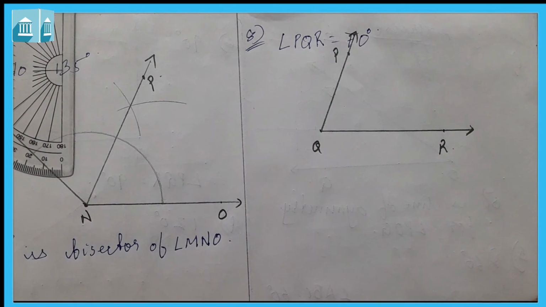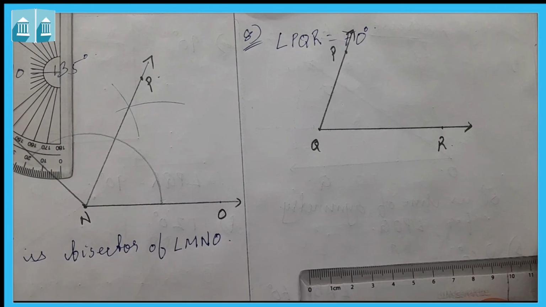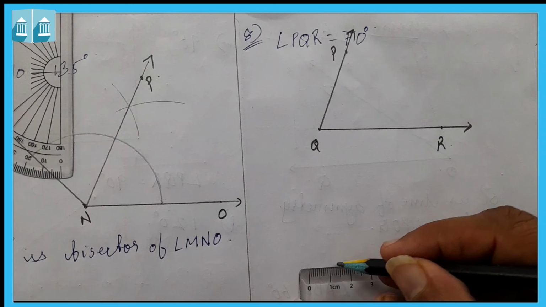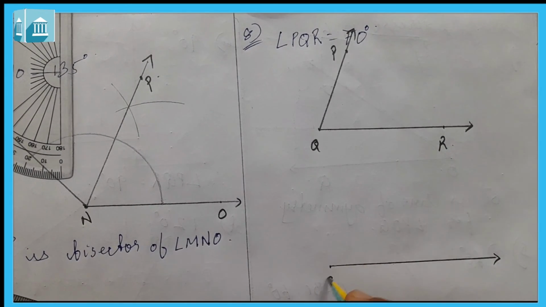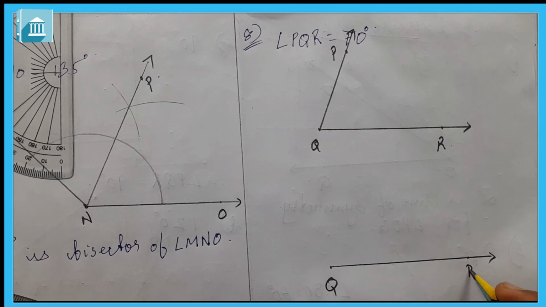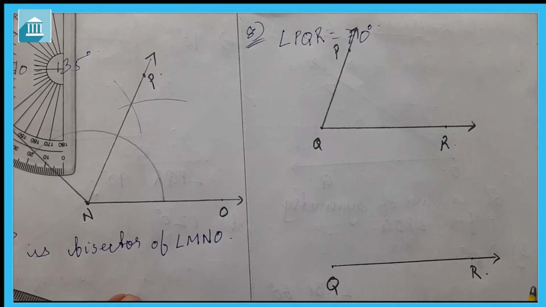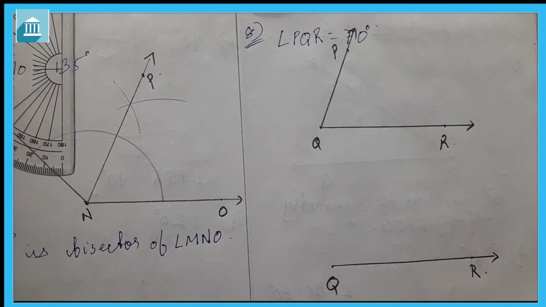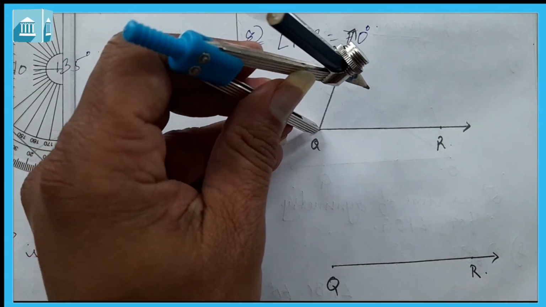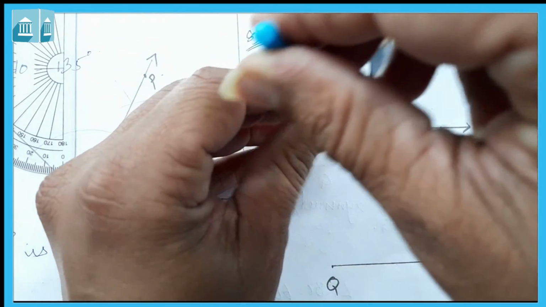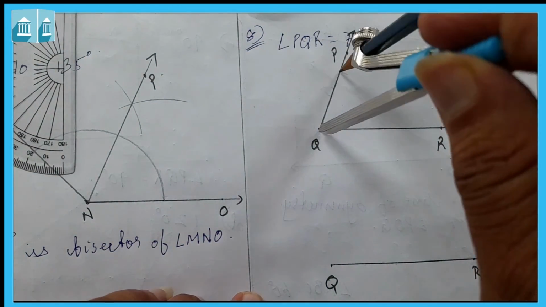Now we have to make a copy of it. So here we have to make QR. We have to make a copy of it. Now with convenient radius we can draw one arc here like this.